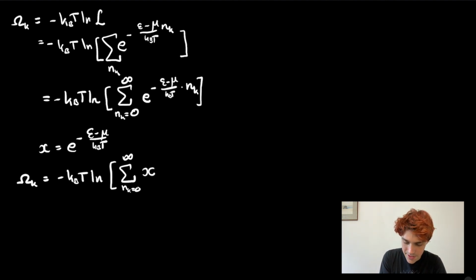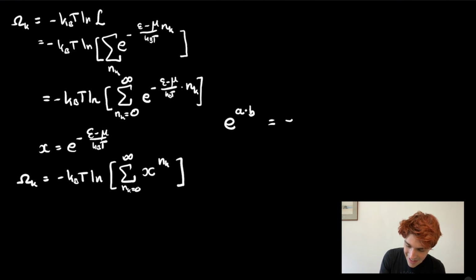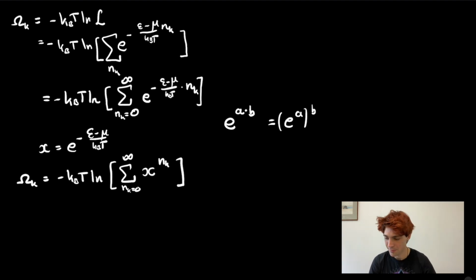And of course, using the law of the separation of exponentials, we can just write x to the power of nk right here. So that is using e to the a times b equals e to the a all to the power of b, just so we're clear.